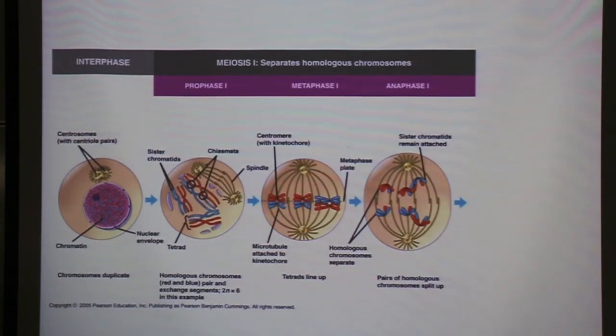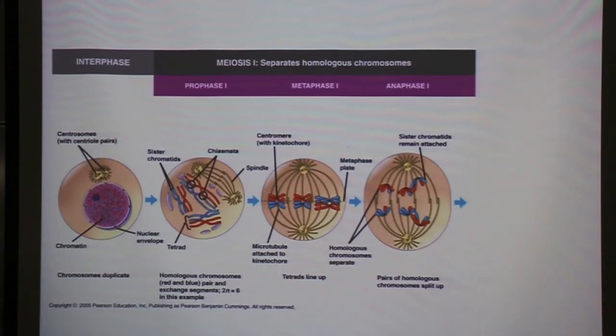Okay, then we go through prophase, and you notice that we have prophase 1, metaphase 1, anaphase 1, because during meiosis we're going to go through everything twice. So we have a prophase 1 and a prophase 2. Prophase 1 is quite different from what happened in mitosis.